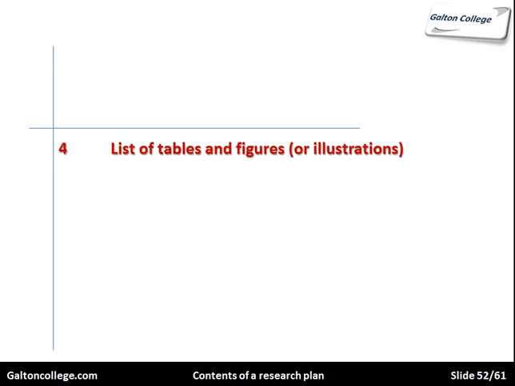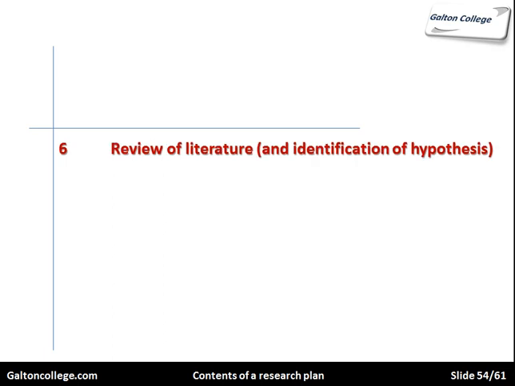Then we have a list of tables and figures or illustrations, which follows the table of contents. Then we have the introduction to the report. We have the review of the literature and the identification of the hypothesis. That's very important. What is the hypothesis? What is going to be tested in the report?